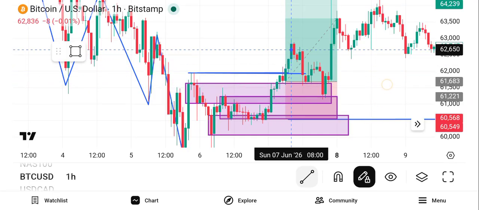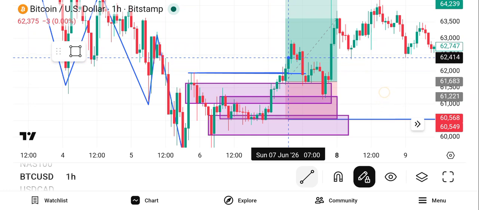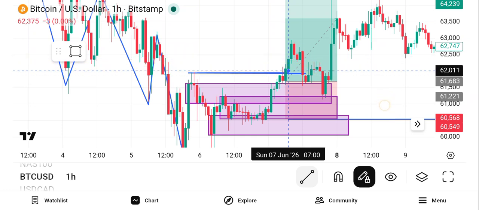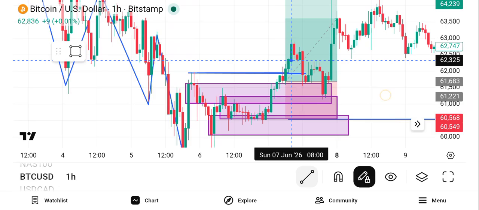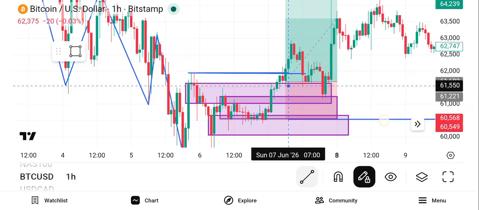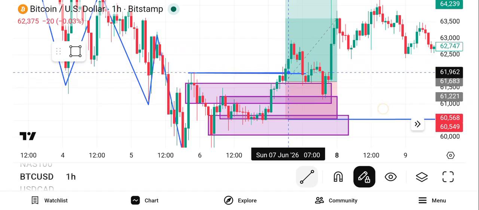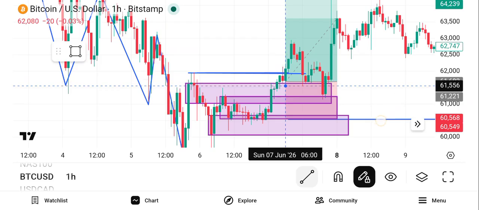As the market is creating your inducement, when the candle that is causing that inducement, remember, it can be a single candle, it can be multiple candles, right? As that candle is pulling down, as it's having that pullback, it should not touch any point of interest that you want to use to execute your trade.